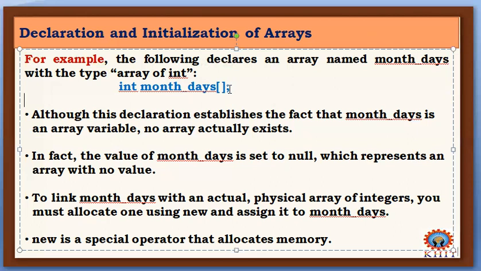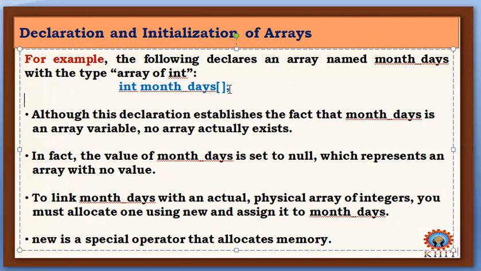So it has given some points here. You can observe that although this declaration establishes the fact that month_days is an array variable, no array actually exists. So you should not give the same name to two arrays. Make sure that the name does not already exist in your program.